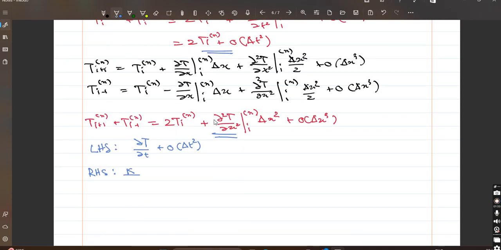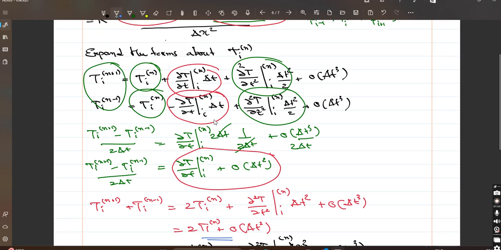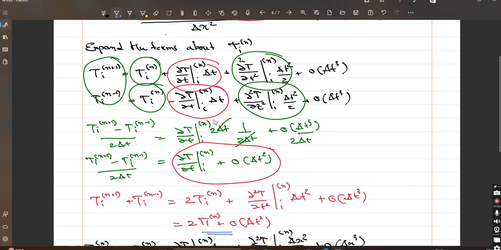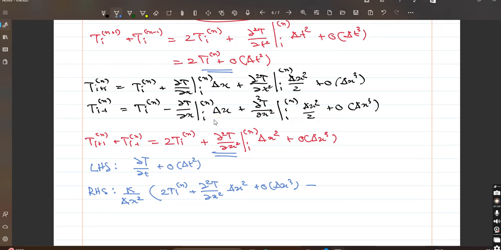So it will be k by delta x squared of 2 T_i^n plus the second partial derivative of T with respect to x squared times delta x square plus order of delta x cube, minus this term, and this is nothing but this one. So it will be 2 T_i at n plus order of delta t squared. So we will not bother about the sign in this order representation, okay? So this will get easily cancelled.